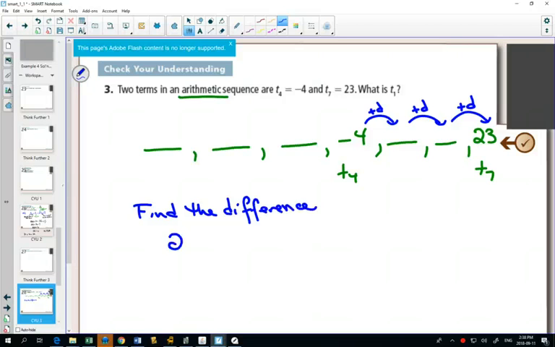If I go 23 minus a negative 4, which is going to be positive 27, I find out that we've gone up 27 from negative 4 to 23. Then all I would need to do is divide by 3.